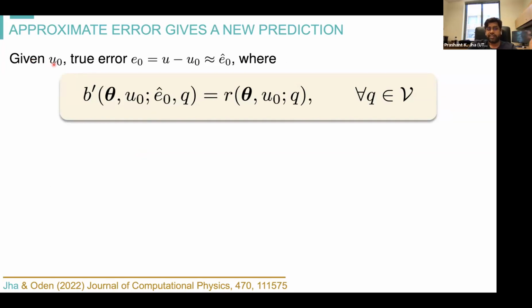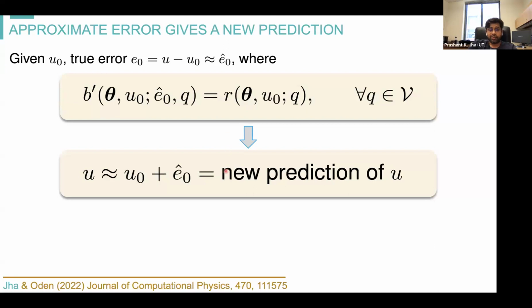Given U0, any estimate of a solution U, we have a true error E0, which is U minus U0. We can estimate that true error by E0 hat by solving this linear variational problem. And then we can add this estimate E0 hat to the estimate U0 to get a new prediction of U.